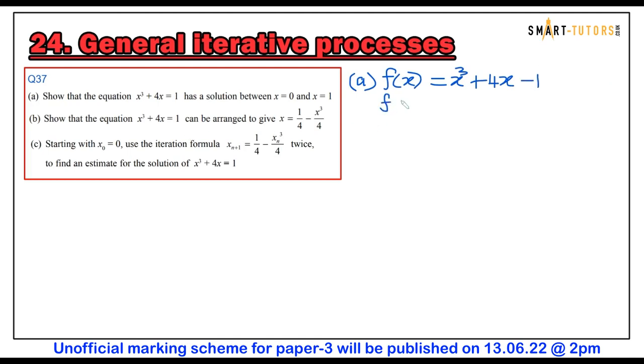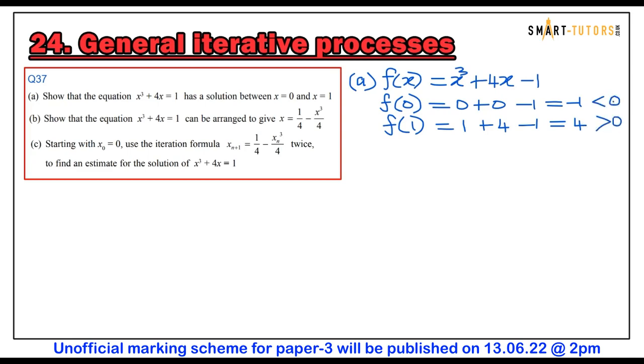Now substitute x equals 0, and that becomes 0 plus 0 minus 1, that is minus 1. And if you put x equals 1, it's going to be 1 plus 4 minus 1, so that is 4. So this is negative and this is positive. Negative to positive means there is a sign change.